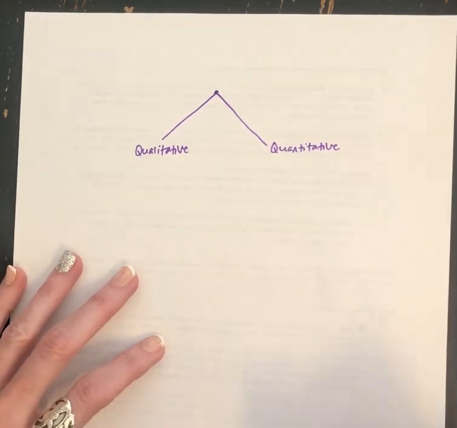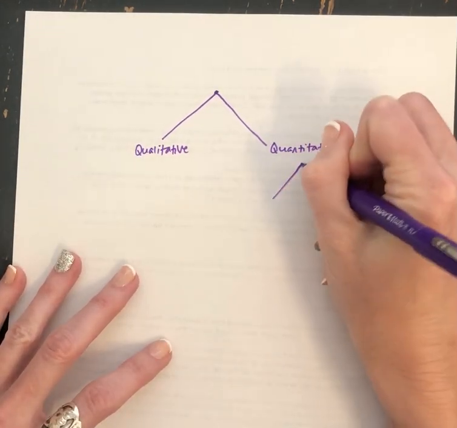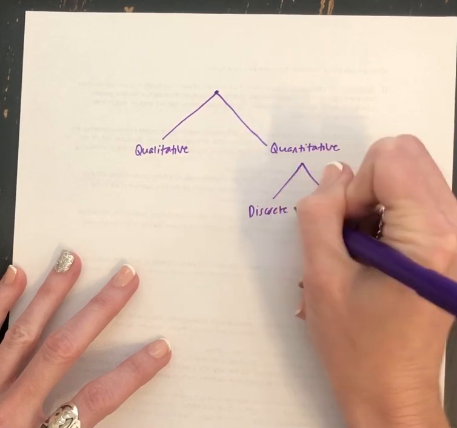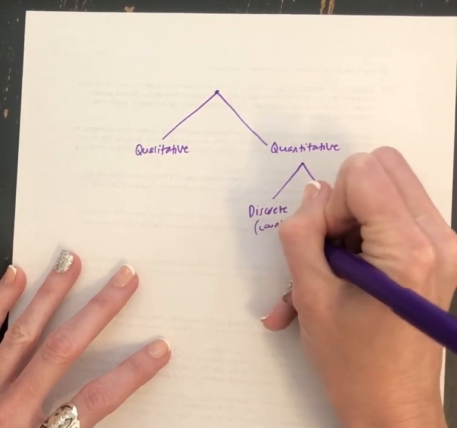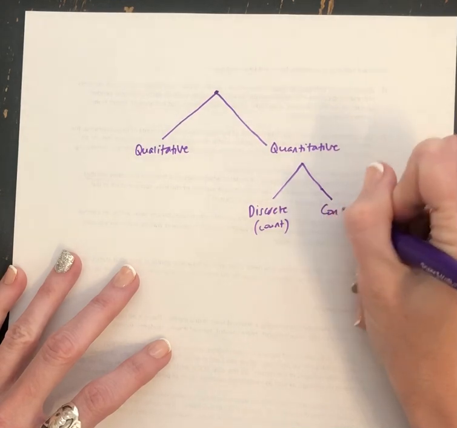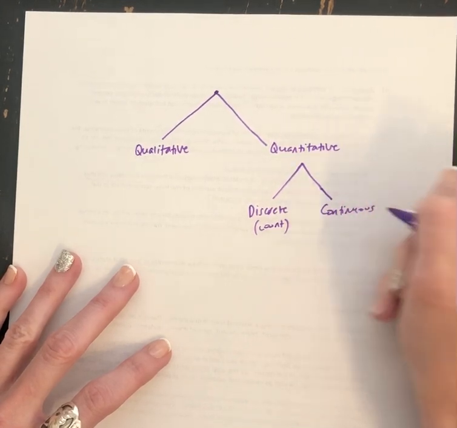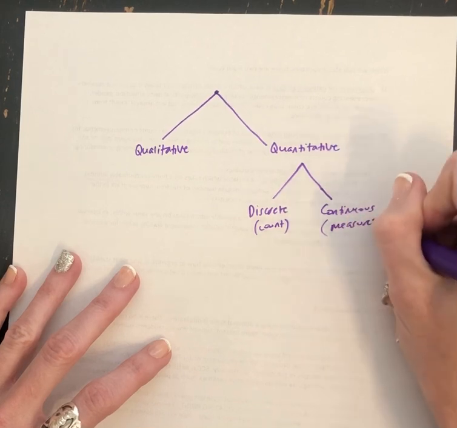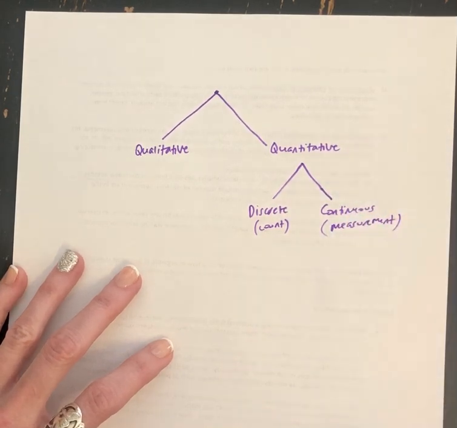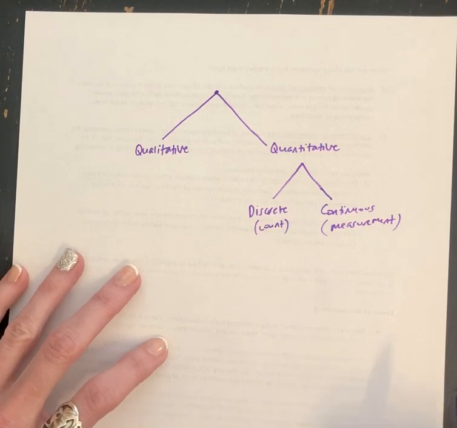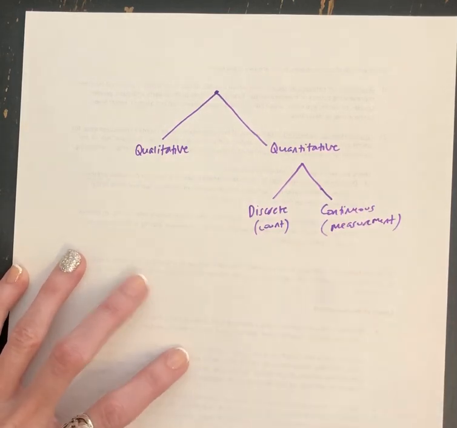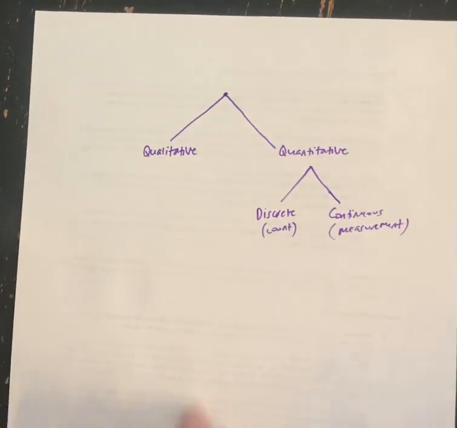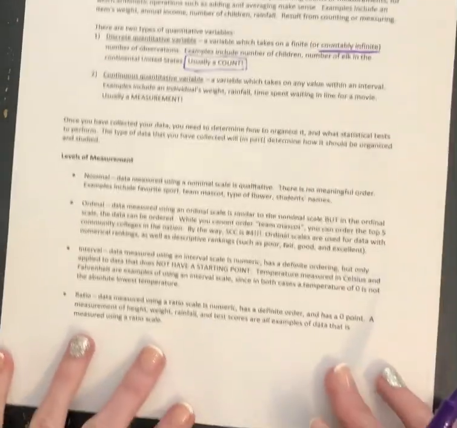But if we decide it's quantitative, there are two subcategories, which are either discrete, that's your count, or continuous, which is your measurement. Okay, so sometimes it helps me to see something visually organized, helps me remember it better, so that's just a visual organization of those definitions we just looked at.